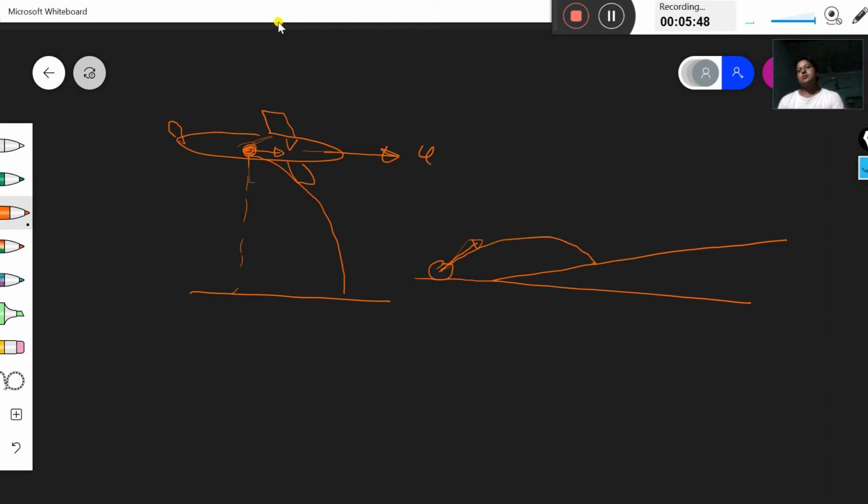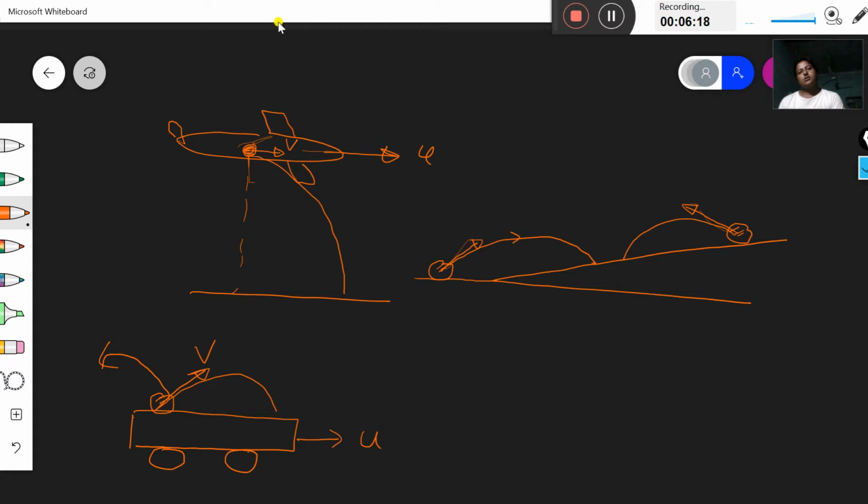Projection on inclined plane. Or we can throw or project a body like this. Or from a moving trolley, we can project a projectile like this, or like this, or like this. So there are many ways we can project a body near Earth's surface.